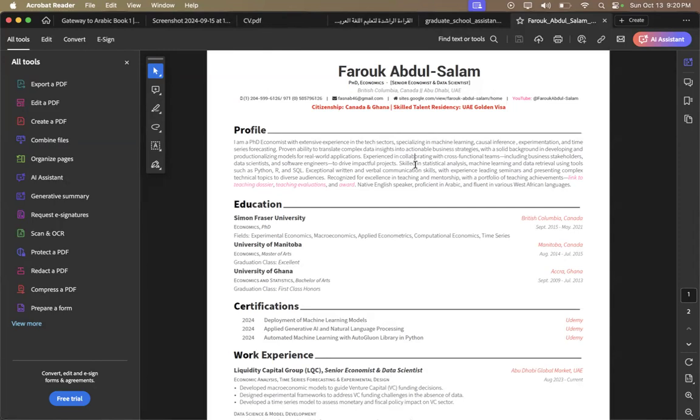So it is very important to tailor it. For example, I added something like seeking an opportunity to pursue a good master's that would serve as a stepping stone towards my PhD. So it is okay to add that.